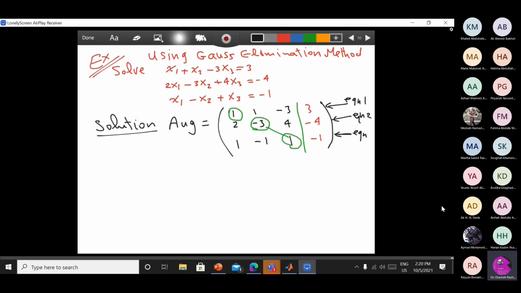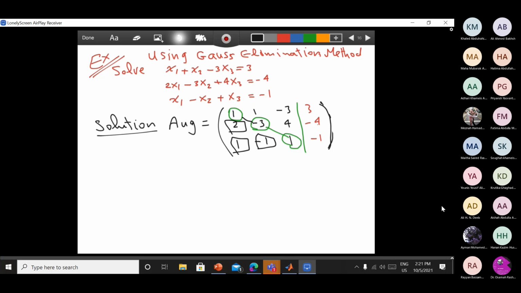I will just multiply by the coefficient to have the same coefficient, so when I subtract, I will have 0. I just keep this one and make this one 0 and this one 0, first, and then I will go to the next one. Let's go step by step.